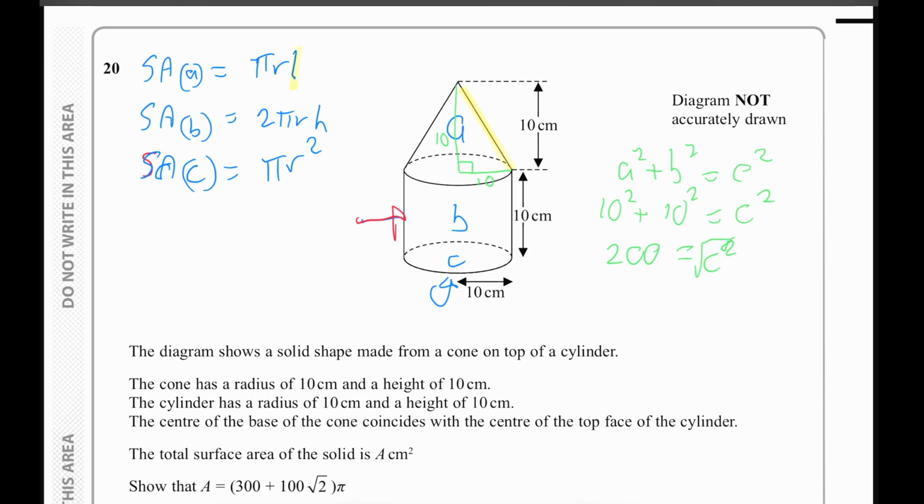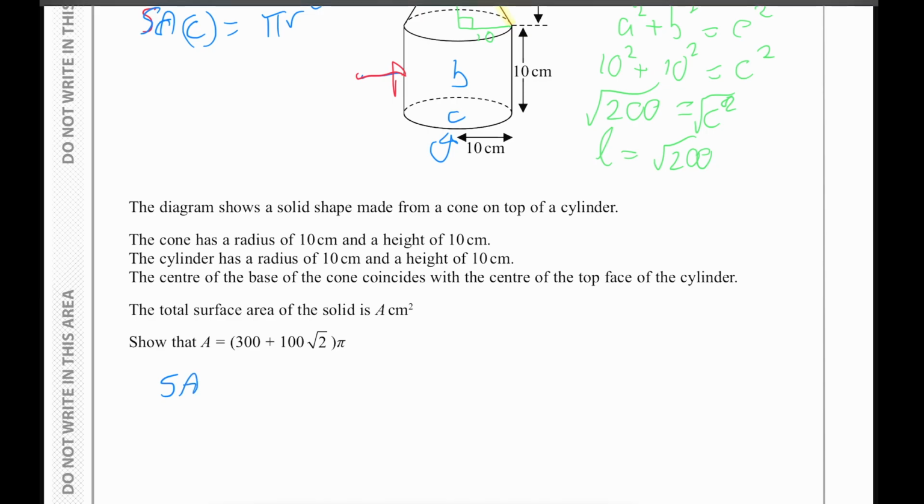And we need to get it by itself, so we square root both sides. So my slanted length is equal to square root, or my L is equal to square root 200. And then I can just plug that into my formula. So surface area of A is equal to pi, my R is 10, and then square root 200.